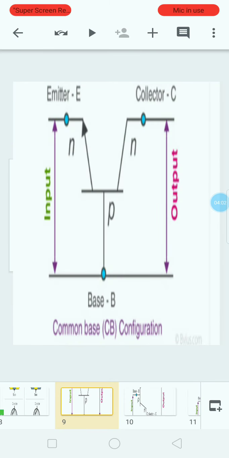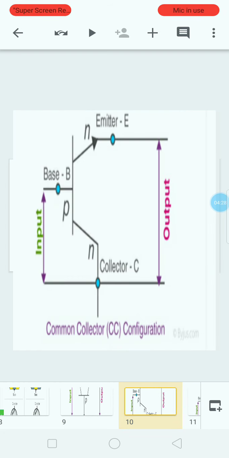There are three types of configuration: common base CB, common collector that is CC and common emitter that is CE. In common base, that is in CB configuration, the base terminal of the transistor is common between input and output terminals.